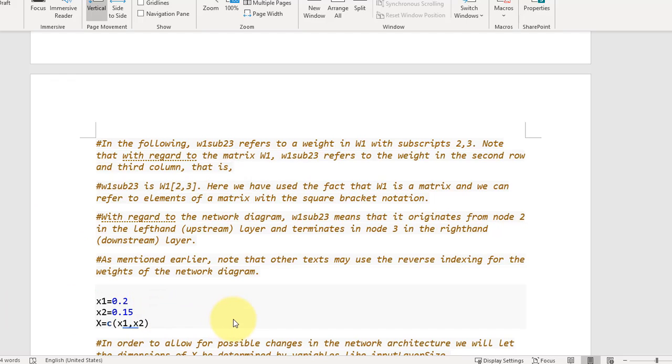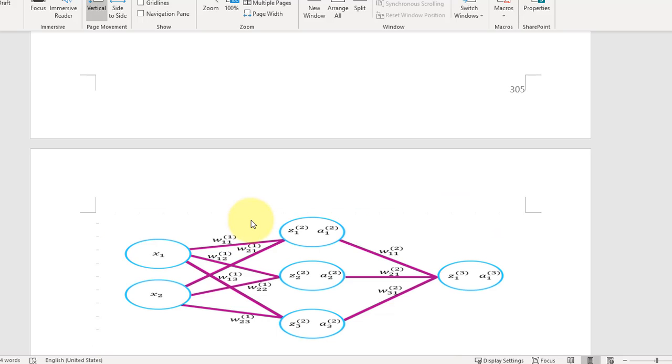Now, here's something that I forgot to mention in previous videos, but as mentioned earlier in the text, note that other texts may use the reverse indexing for the weights of the network diagram. So if you start to read some other text, just don't get confused. Instead of calling this one W23, they may call it W32.